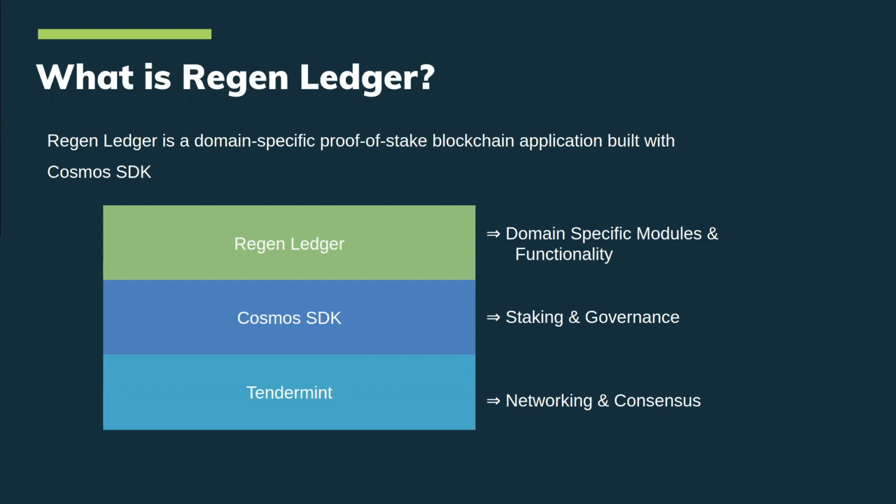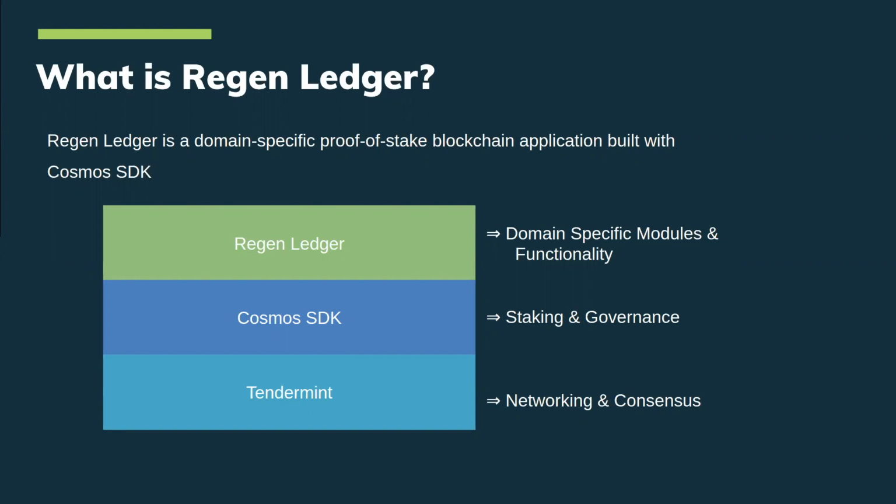Underneath that, there's the Cosmos SDK, which is a blockchain application framework that provides a bunch of modules as well that are more commonly used for all sorts of other blockchains in our ecosystem. This provides functionality around staking and governance, things that a lot of proof of stake blockchains are going to want to use. And so we're basically building on top of that.